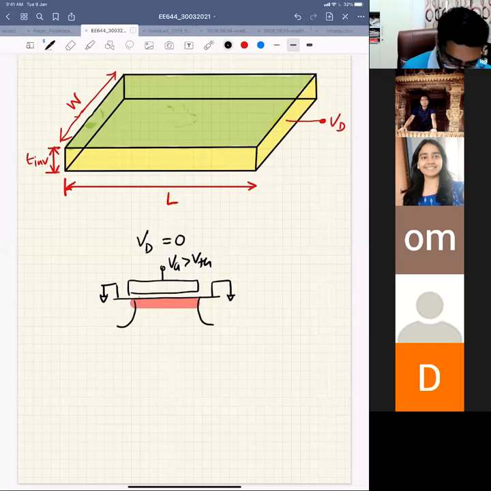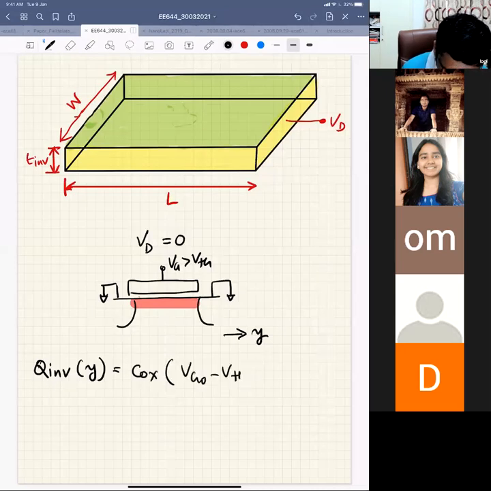We know this Q inversion as a function of y, because this is the y direction. This part we have derived. It will be Cox times VGS minus VTH minus Vy. And how is your Vy varying?